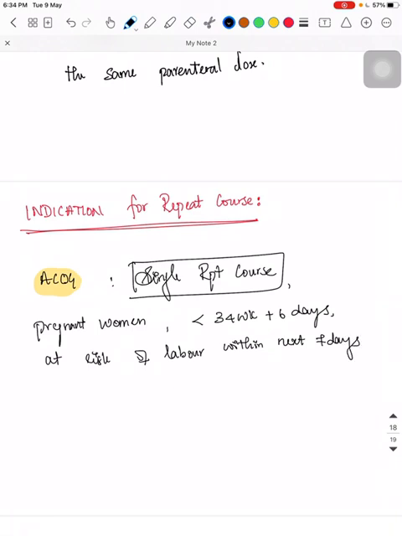Okay, so this is the guideline for the repeat course according to ACOG.